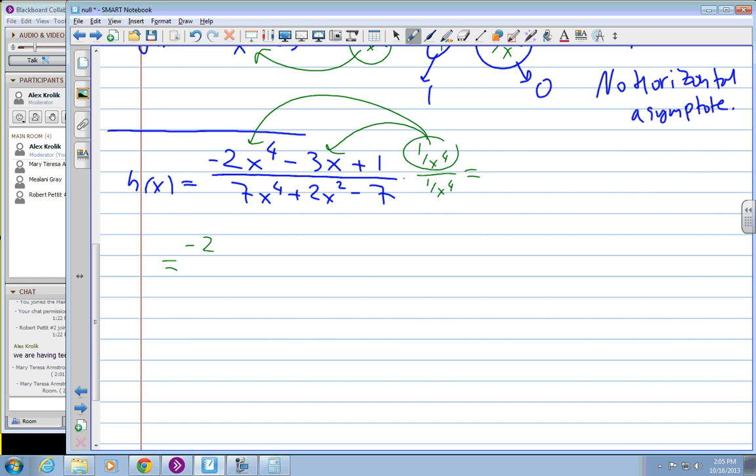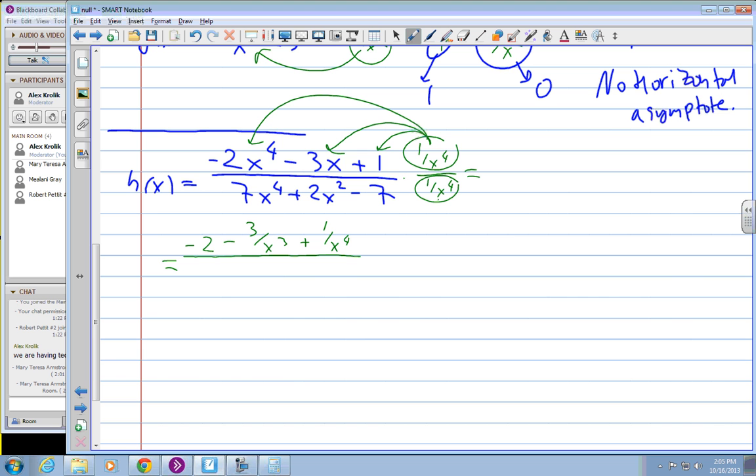How about the next product? What will that equal to? Negative 3 over x cubed. How about the third product? It's just 1 over x to the 4th, right? All over.